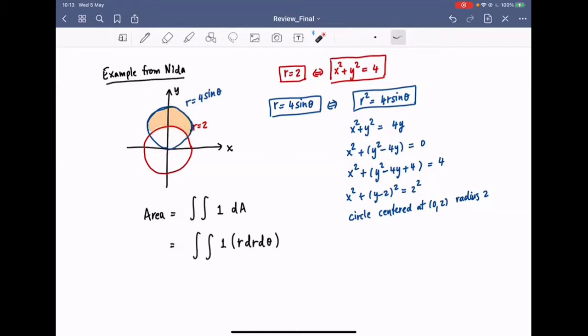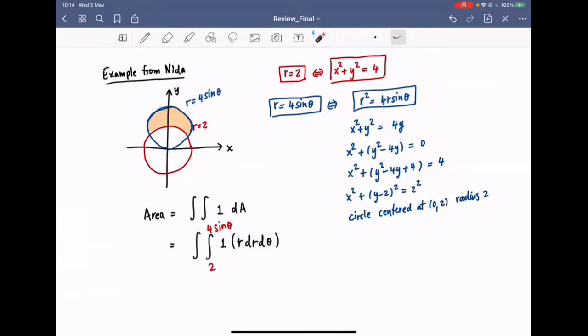Every time you draw the ray, the bottom curve is going to be the red one, which is r equal to 2, and the top one is r equal to 4 times sine theta. Does it make sense? Every time you start here, you go from r equal to 2 to r equal to 4 times sine theta.